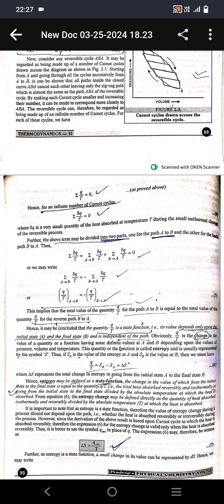From equation 6, the entropy change may be defined directly as the quantity of heat absorbed isothermally and reversibly divided by the absolute temperature at which the heat is absorbed.